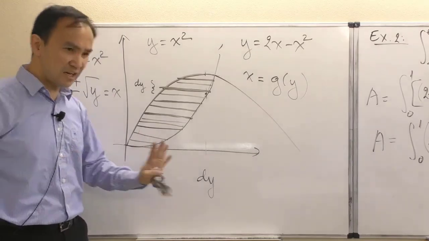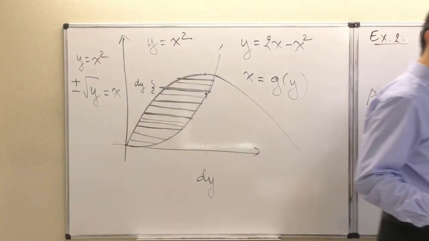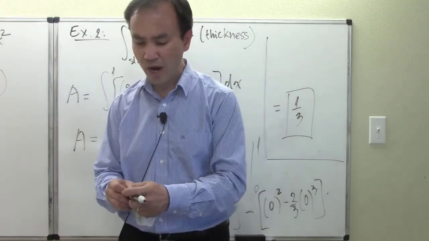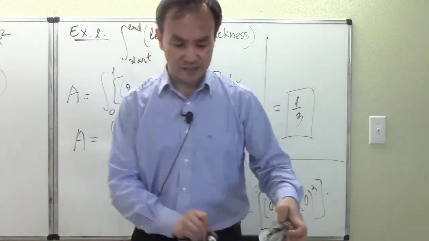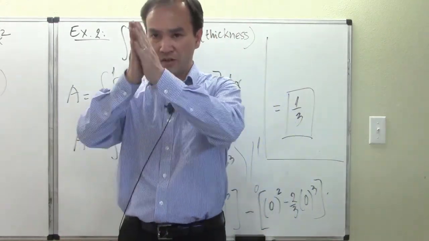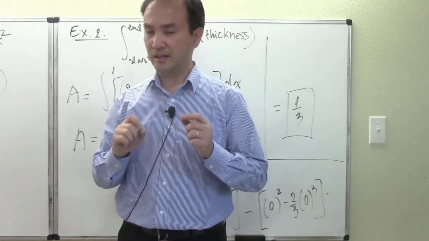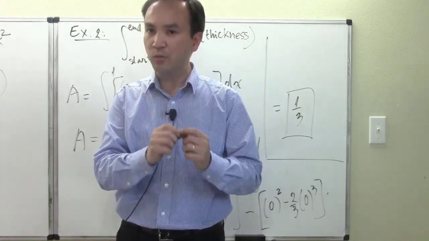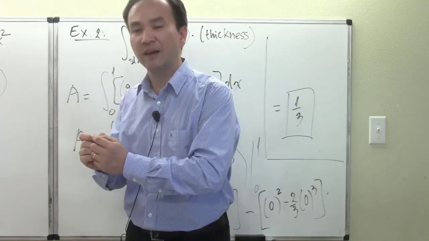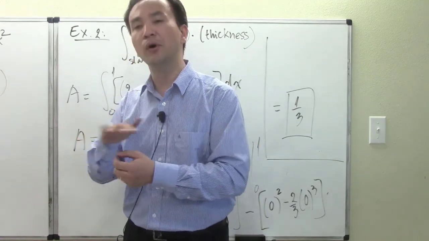Up to this point we've had two examples, and the whole idea is that deciding between a vertical stripe or a horizontal stripe, one way will a lot of times produce more effort than the other.